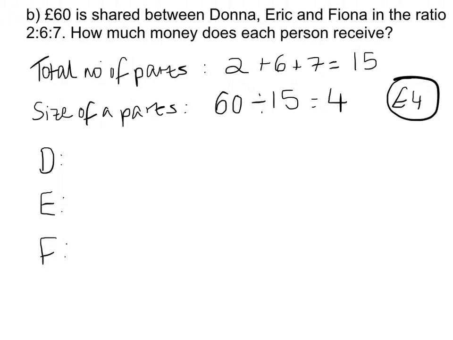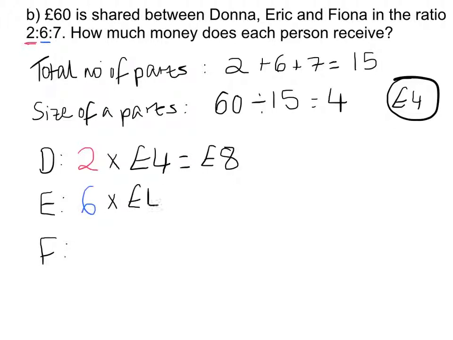So Donna gets 2 parts, and each of those parts is worth £4. So that gives me £8. Eric gets 6 parts, and again each of those is worth £4, so he gets 24.